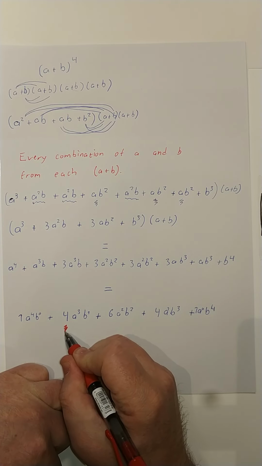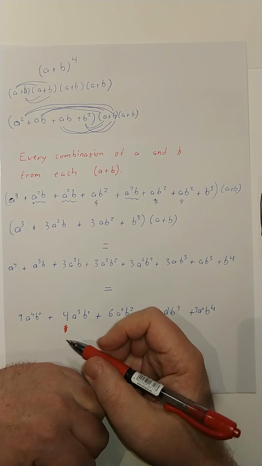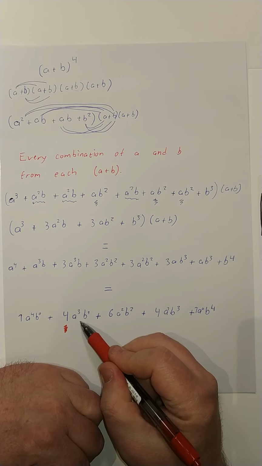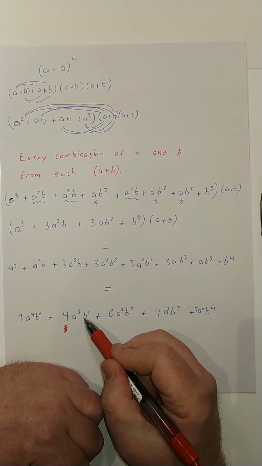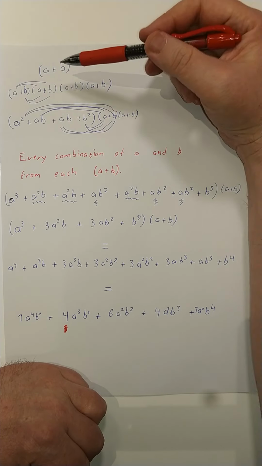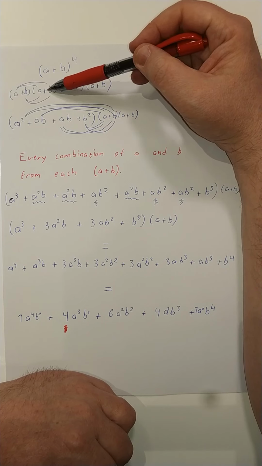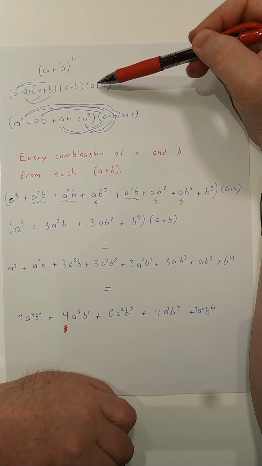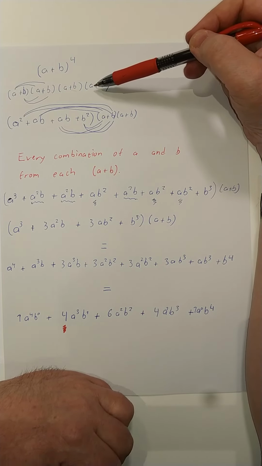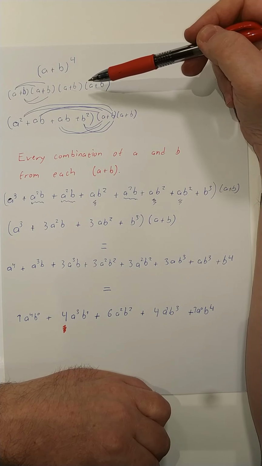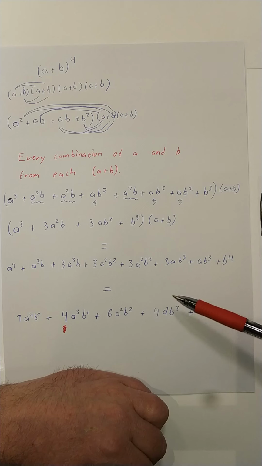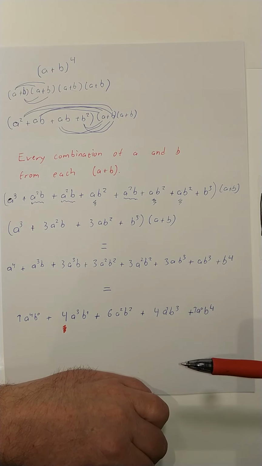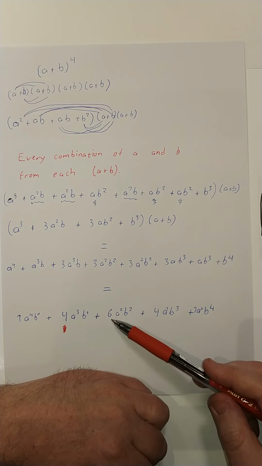Could we have known that it should have been 4? Well, this term is a times a times a times b. And it comes from combining a or b from these 4 brackets. Basically picking an a or a b, because all combinations are included in here. It's just that some combinations turned up more than once and therefore have been merged.